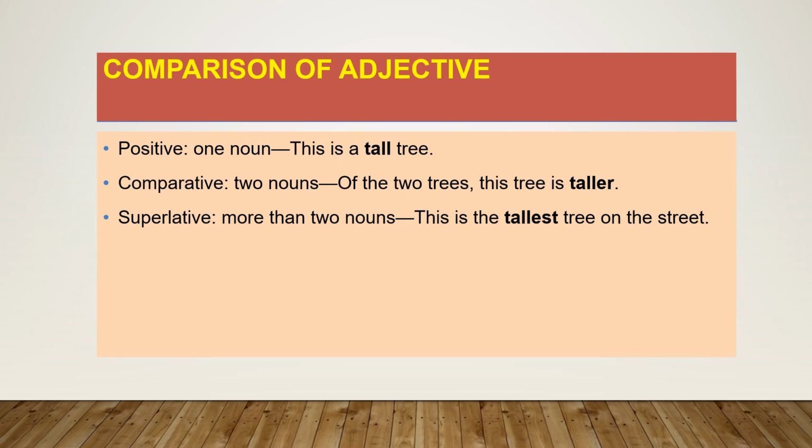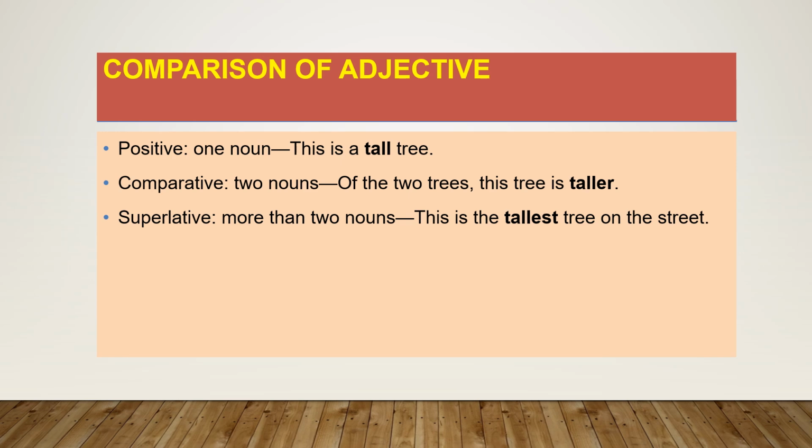So you have positive, no comparison; comparative, two nouns comparison; superlative, more than two nouns. So all the examples in the earlier slide are positive degree. But we are also going to see an example of comparative and superlative here.